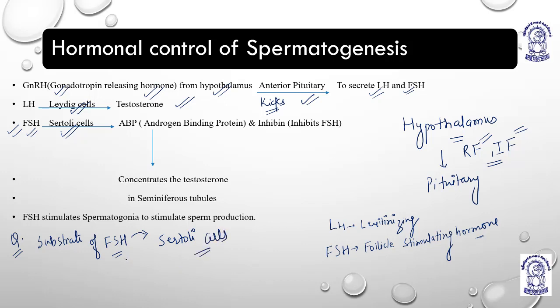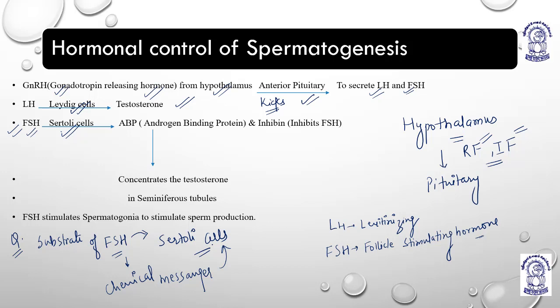Follicle stimulating hormone is a hormone, meaning it is a chemical messenger, and these chemical messengers are going to tell the Sertoli cells, you have to perform your work, don't waste your time.